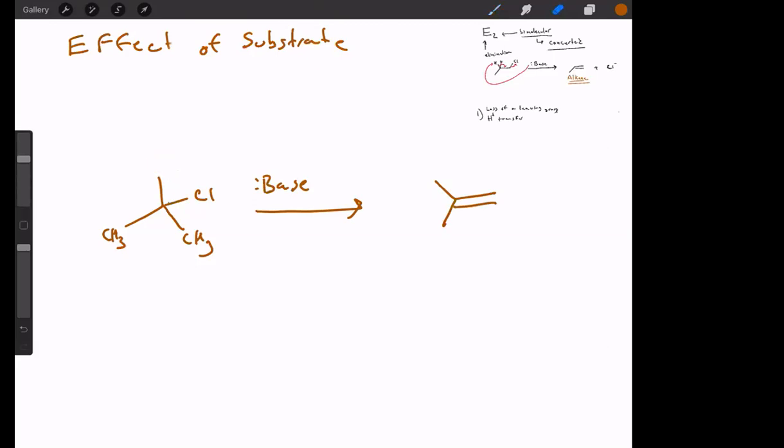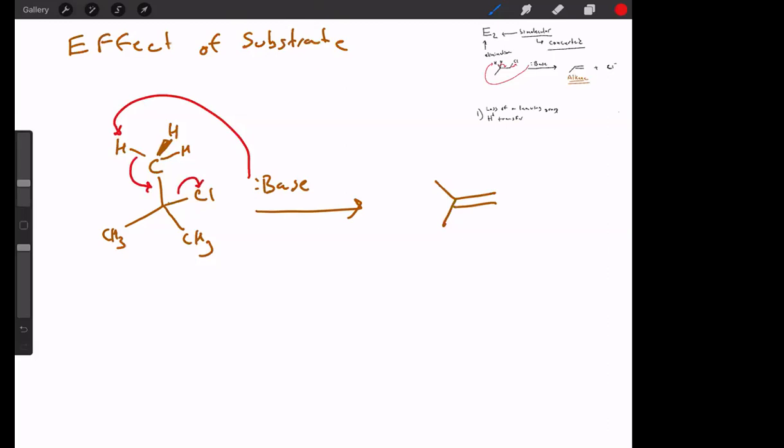Let me redraw the substrate, and let's actually show the mechanism. Remember that the proton transfer happens at the same time as the loss of the leaving group.